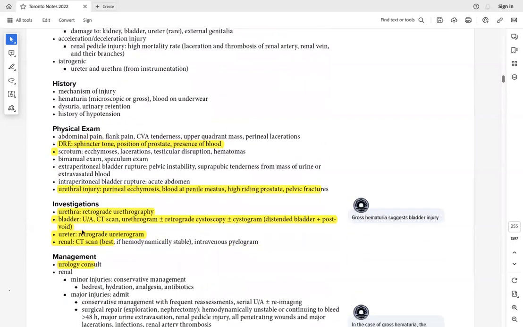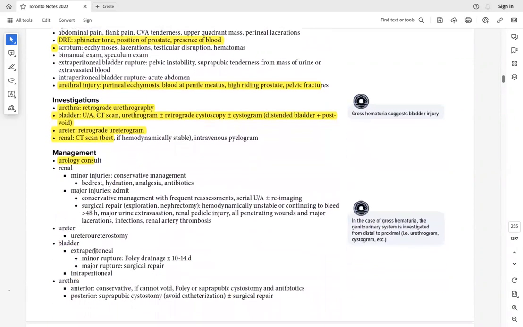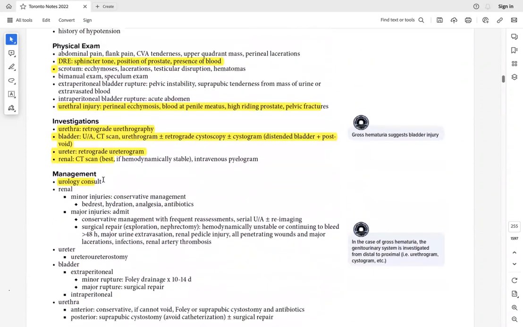If bladder, then CT scan and cystogram. If ureter, retrograde ureterogram. Renal, CT scan. Okay. You should know the contraindications, what we have to do. And here, mainly in emergency, we just have to stabilize the patient and then we have to do the consultation. Okay.